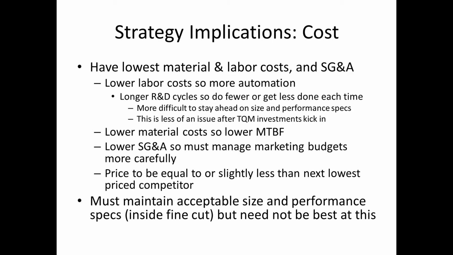Now, there's a TQM module that kicks in round 3 for us, and takes about a year or two for it to really start impacting R&D times. But once it kicks in, it can cut your R&D times by 40%, and so perhaps once you get to rounds 5 or 6, you might be able to add some automation and still keep up on your specs, but in the short term, you just can't.